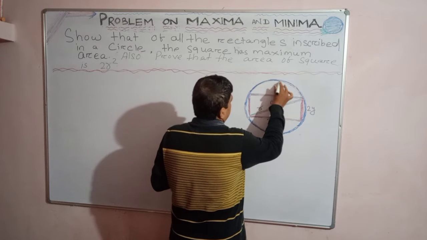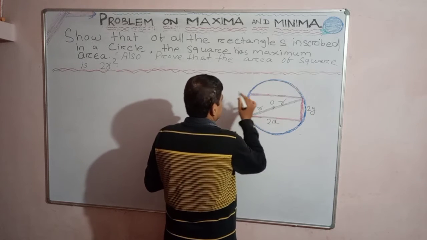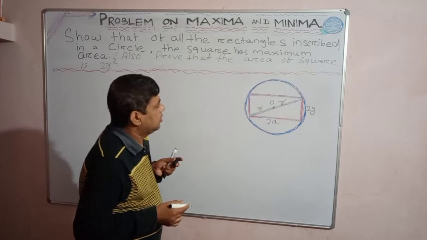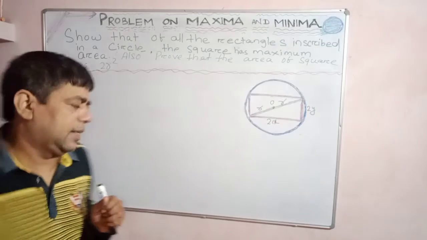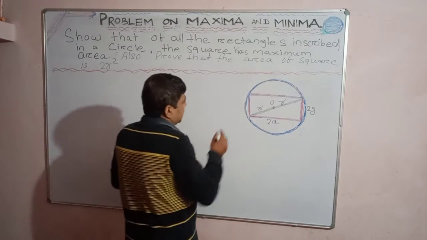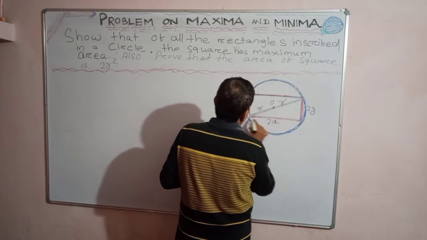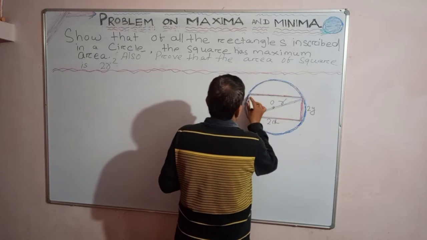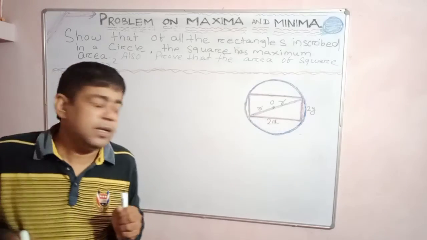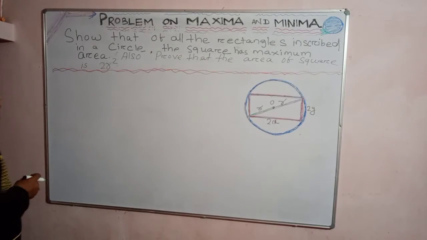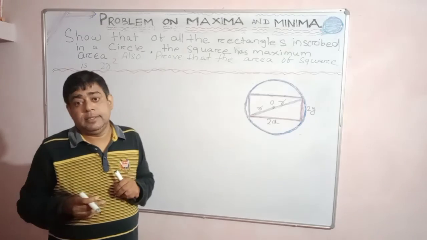Here, a circle is given whose radius is r. If you inscribe a rectangle inside the given circle whose radius is r, we have to prove that the square has maximum area.